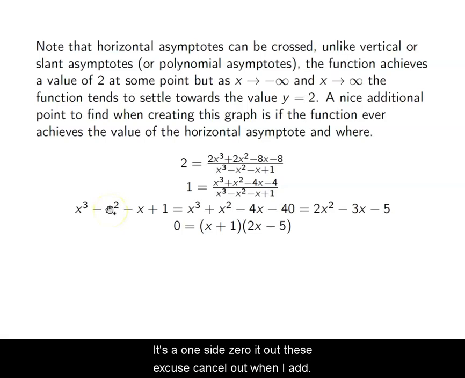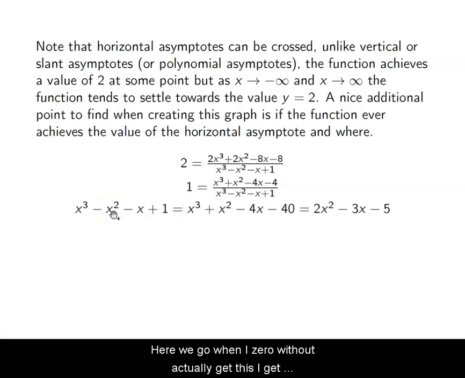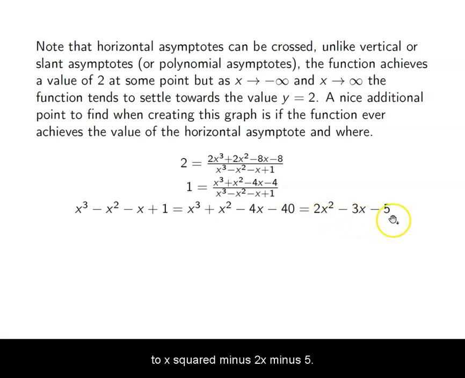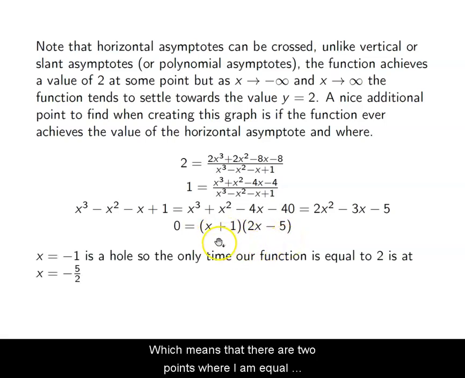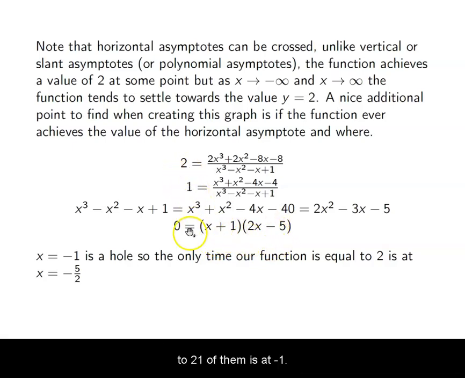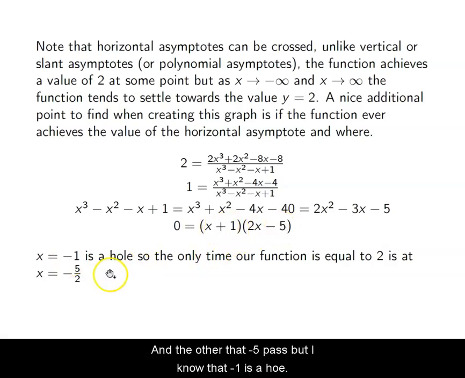When I zero it out, I actually get this. I get 2x squared minus 3x minus 5. So when I factor this, it factors to x plus 1, 2x minus 5, which means that there are 2 points where I am equal to 2. One of them is at -1, right? And the other is at 5/2. But I know that -1 is a hole.